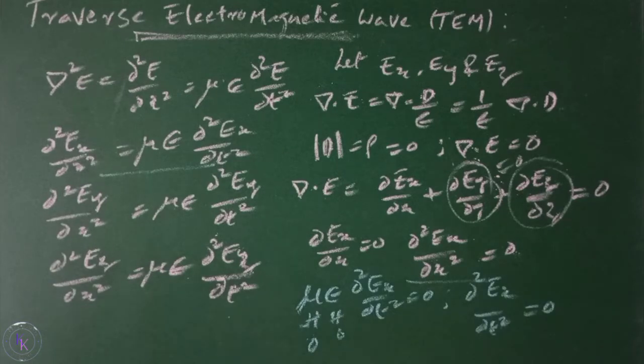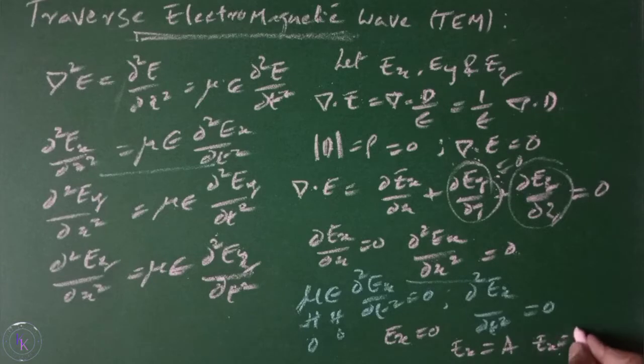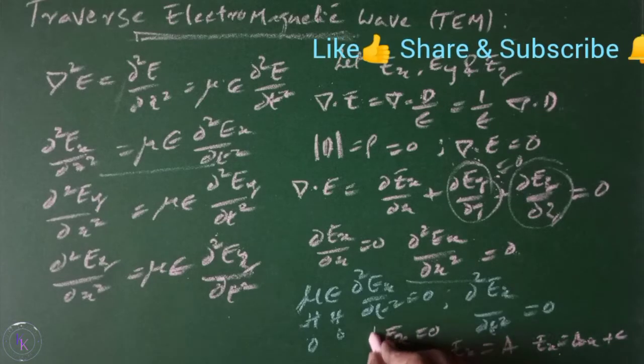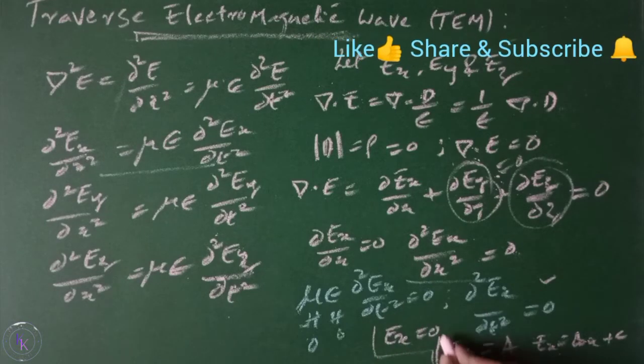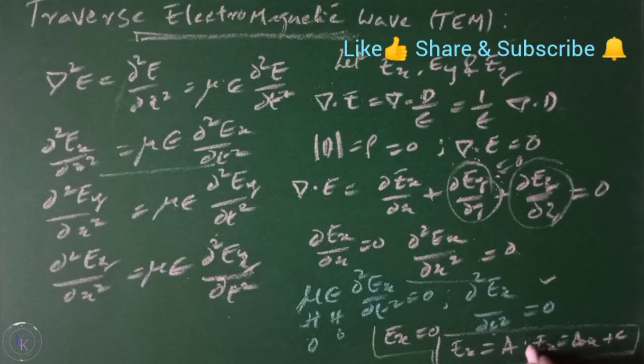Now this is a partial differential equation and several possible solutions are there: Ex equals 0, Ex equals A, and Ex equals Bx plus C. These are the possible solutions for this equation, in which the last two solutions do not represent a wave.